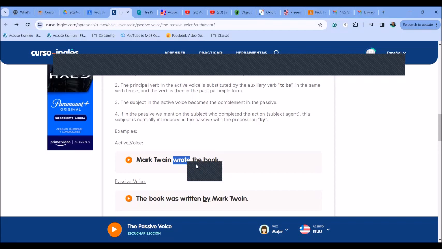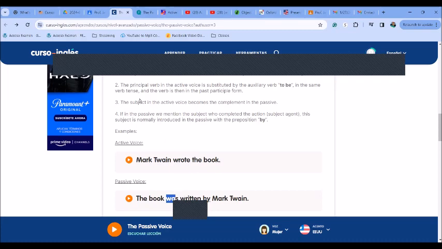So, the book corresponds to third person. So the third person past is was. And the verb wrote, which comes from the verb to write, goes into participle form, which is now written.